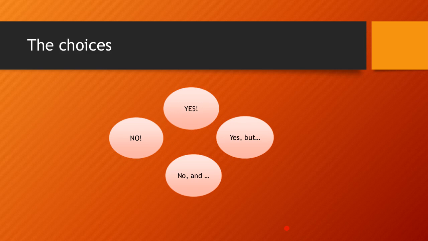So in a yes, but, it's like, yes, that was the right decision, or a right decision, but now this or this has happened also because you decided that. So that's one of your gray choices, like, yeah, that was good, but not completely. And the no, and is where your decision wasn't right and you've made it worse. Both of these often happen in games.